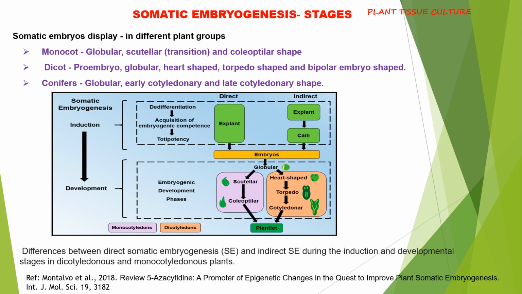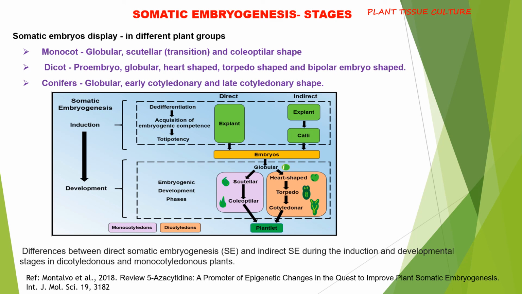In dicots, as we have already studied, it follows the proembryonic, followed by the globular, the heart-shaped, torpedo-shaped, and the bipolar embryo-shaped. In conifers, it follows the globular stage, the early quaternary stage, and late quaternary stage.